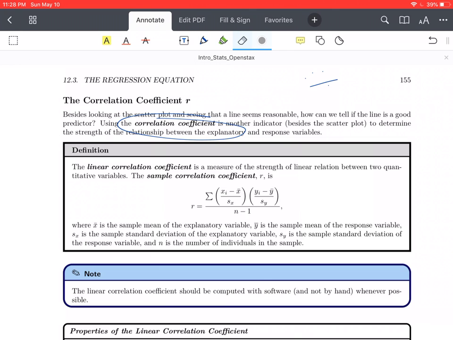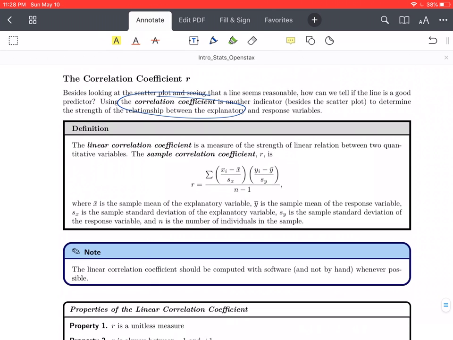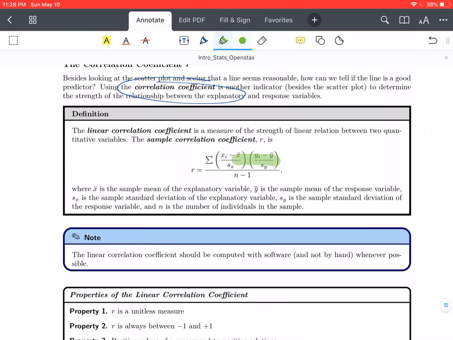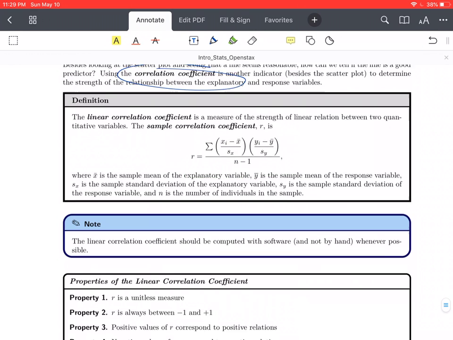So this is what the correlation coefficient tells us. It gives us a numerical value for how appropriate it is to have a least squares regression line. Okay? Now this is the calculation they give for R. We're not going to worry about that because, as you can see, this calculation can get really ugly really fast. So we're just going to be using Desmos for it, and I'll show you that in just a second.